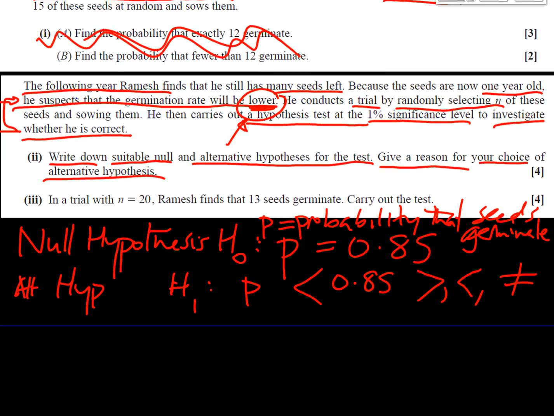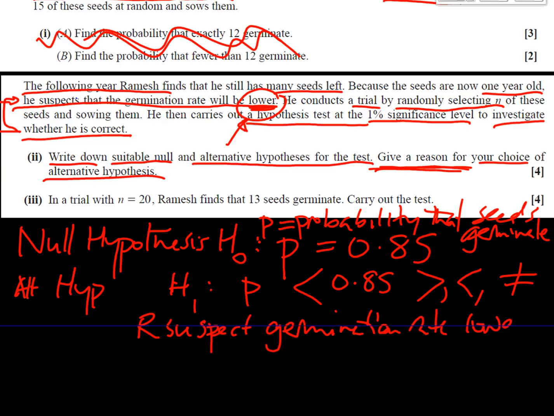They actually asked us to give reasons here, and we've got to get a mark for giving a reason. So let's just write out a piece of simple language that explains that. Ramesh suspects germination rate is lower than the historic 0.85.